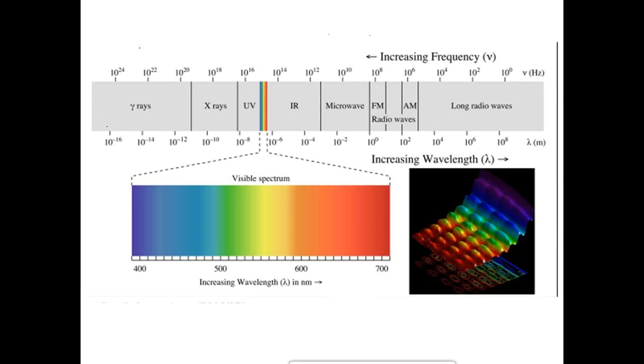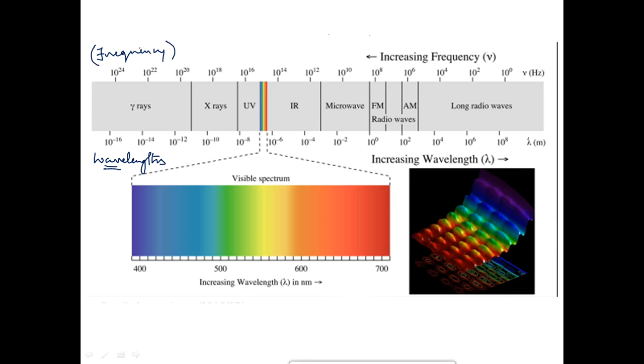So you can just observe here at the leftmost side, the numbers at the bottom are the wavelengths, and that is for the frequency. We know that frequency and wavelength are inversely proportional to each other.